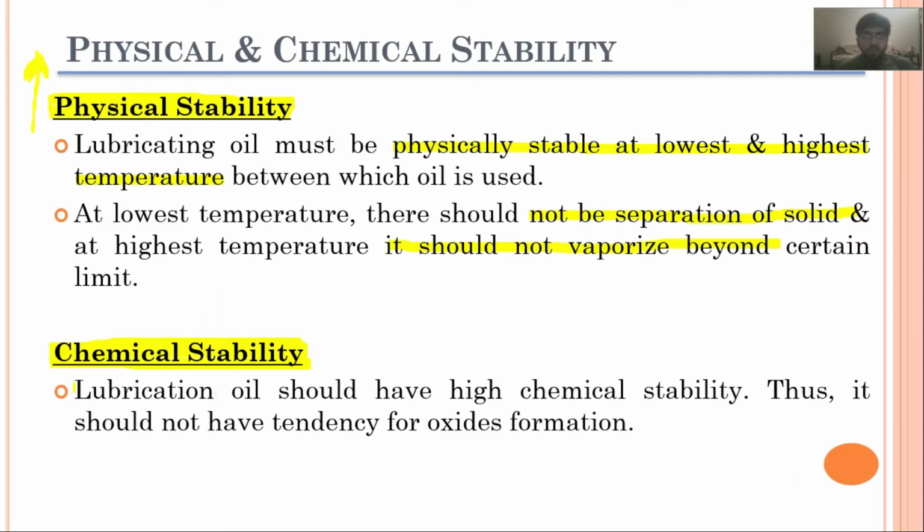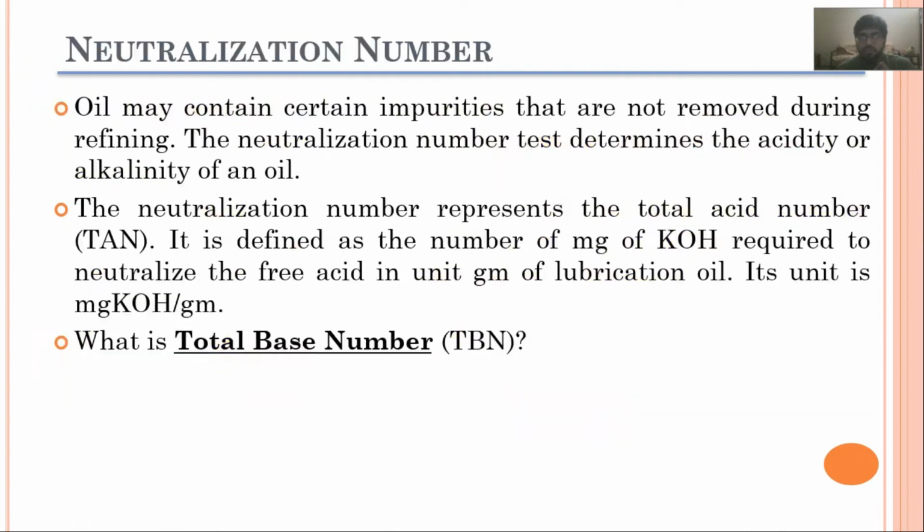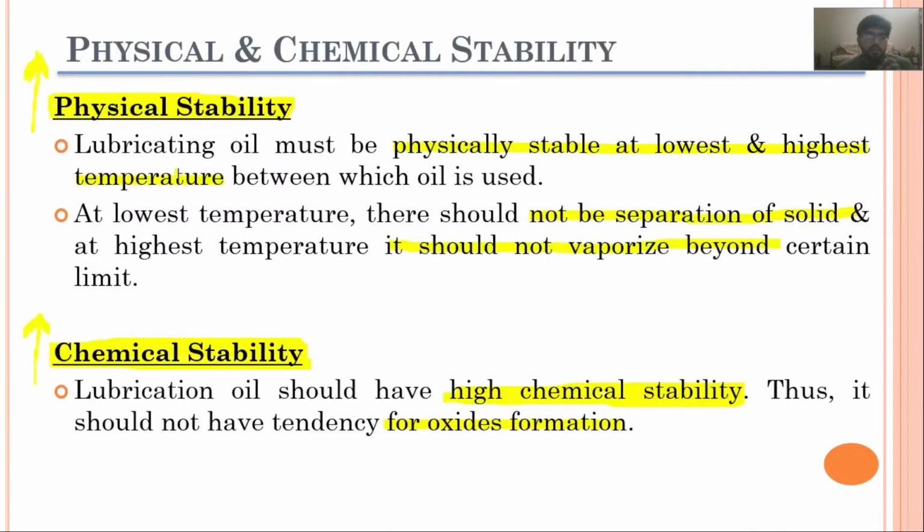So your lubricant oil should be chemically stable as well. The chemical stability of a lubricating oil should be high, and it should not have a tendency to form oxides. So your lubricant oil should have a higher physical and chemical stability.